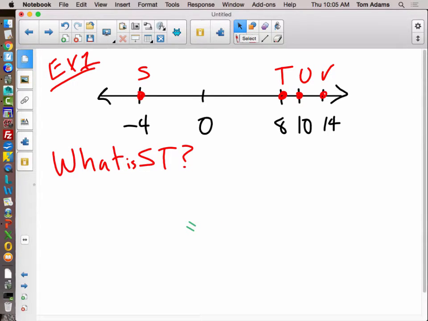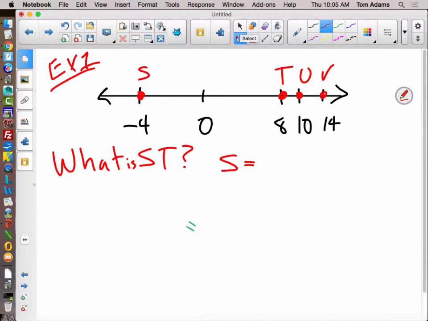What's the distance from S to T? Right? Well, we have to identify something. So we're going to say that S has a numerical value, or the coordinate, of -4. T has a value of 8. How do we find the distance?